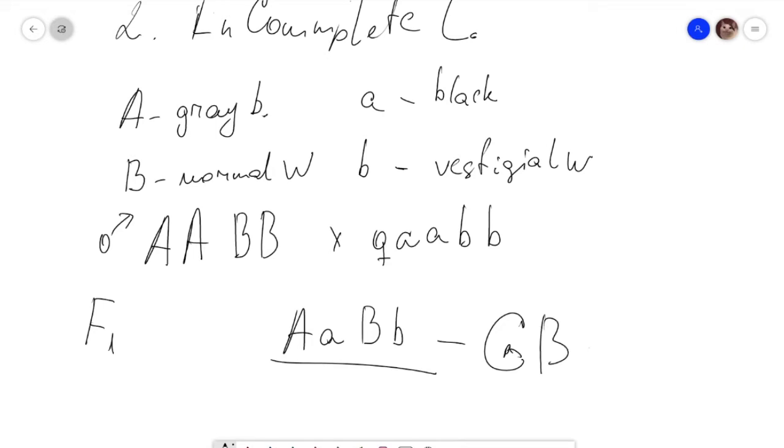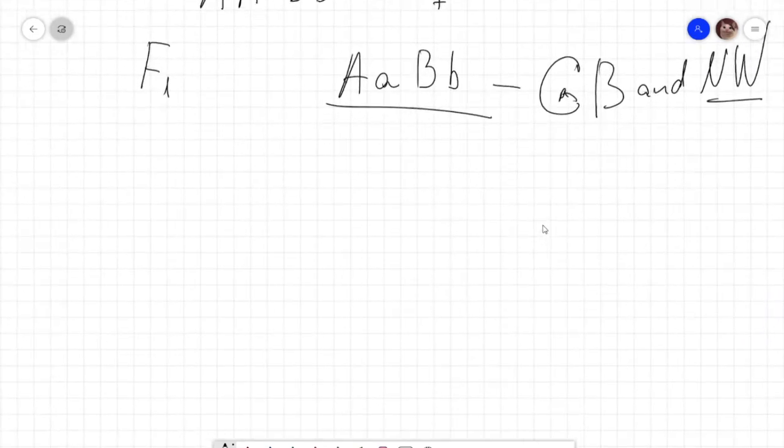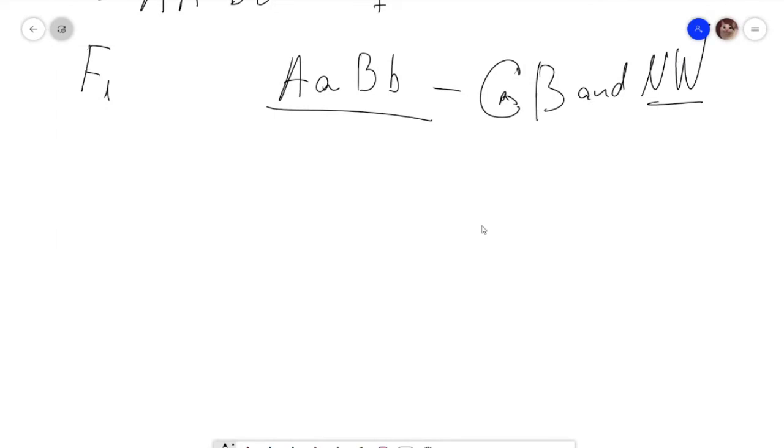But we are talking about complete linkage.